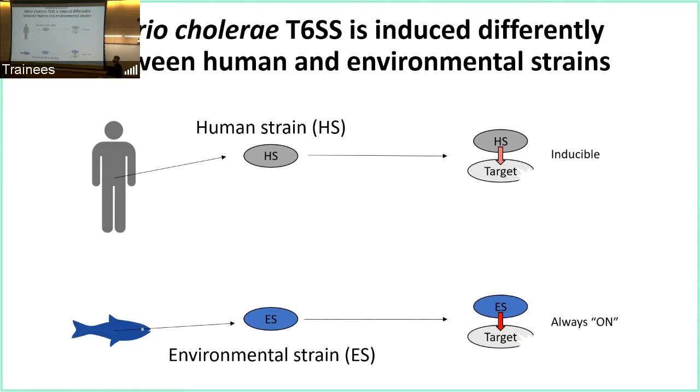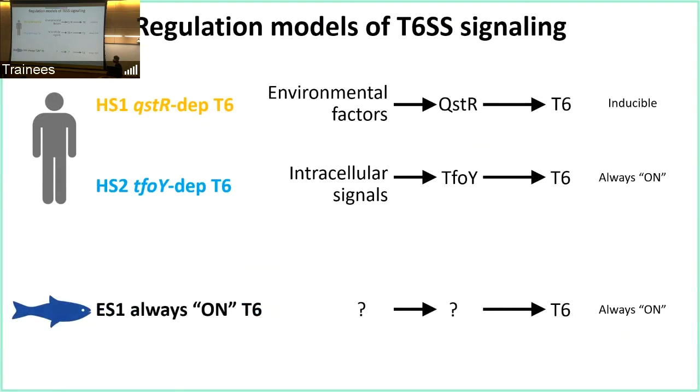All right. So my project is trying to find out what caused the difference at the genetic level. When I compare different strains, within human strains there are 2 categories. We have HS1, human strain 1, that is CRISPR dependent.